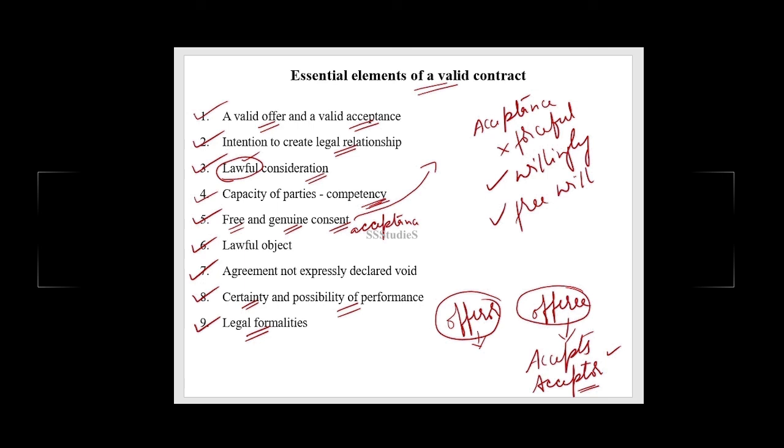But in a business context, it is always better to have the contracts in writing so that there is proper documentation, and in case any dispute arises at a later date, you have all the proofs that can be presented in the court of law to prove your point. Okay, so students, these are the essential elements of a valid contract.